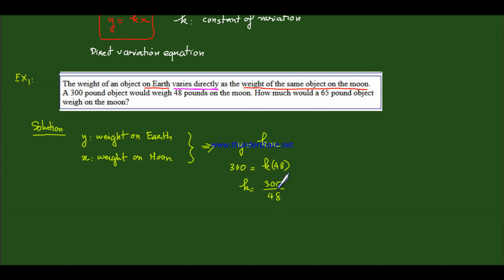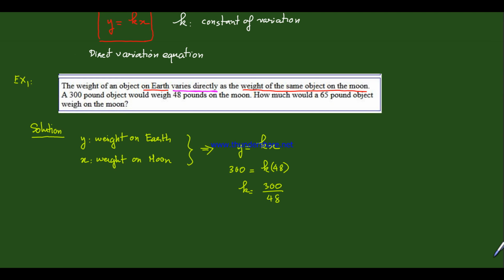300 divided by 48 will be what? Let me get the calculator. 300 divided by 48, we will have 6.25.